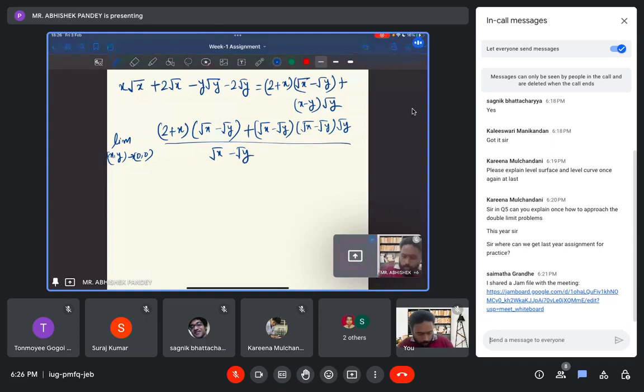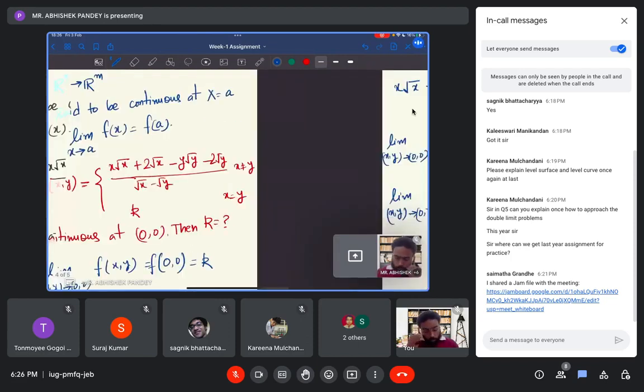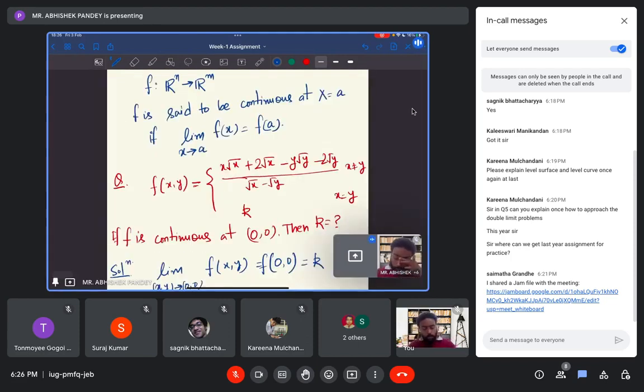So the limit as (x, y) tends to (0, 0), you will get 2 plus (x plus root x) into root y. Now this is nothing but 2. So the value of k is 2. So for f to be continuous, this k has to be 2. Is it clear to everyone?